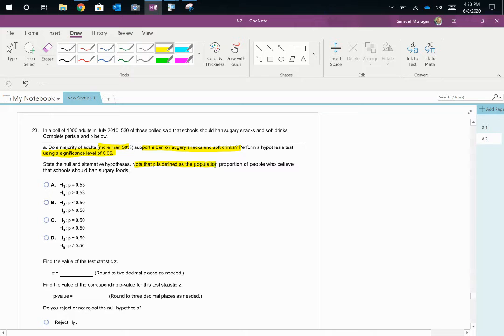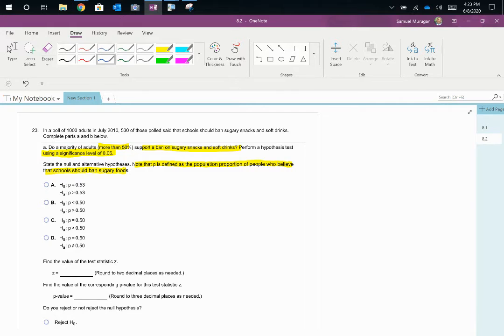Note that p is defined as the population proportion who believe schools should ban sugary snacks. We're saying here that the majority, more than 50%, support a ban.